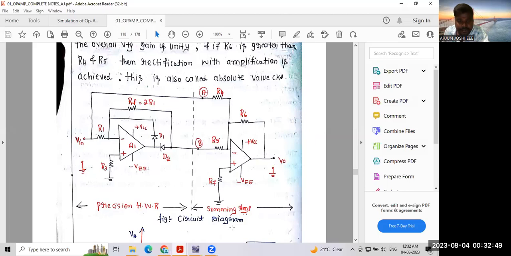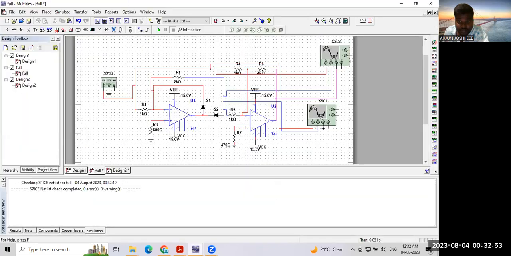A, B, we only need 3 channels. Don't neglect that D. Okay, and then the output goes to this oscilloscope, this op amp. Okay, I'm going to delete. Already connected, you can check.